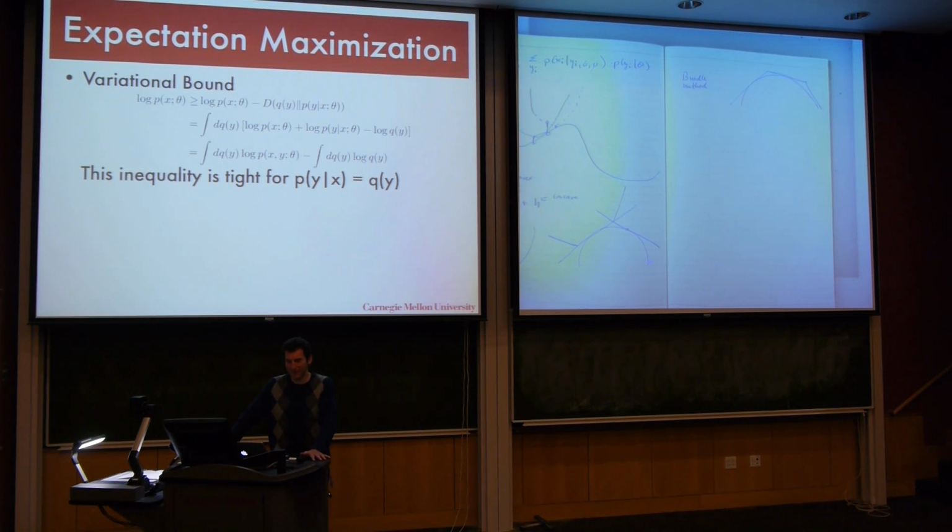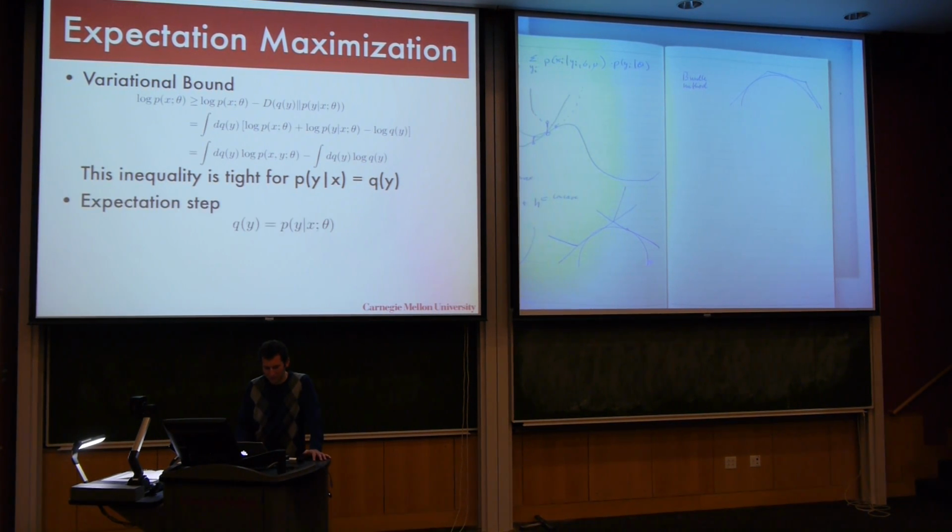Now since this is the KL divergence, finding a good Q is easy, right? Because we know that the KL divergence vanishes exactly when Q and P of y given x are the same. That's why we needed information theory for that one slide. Okay.